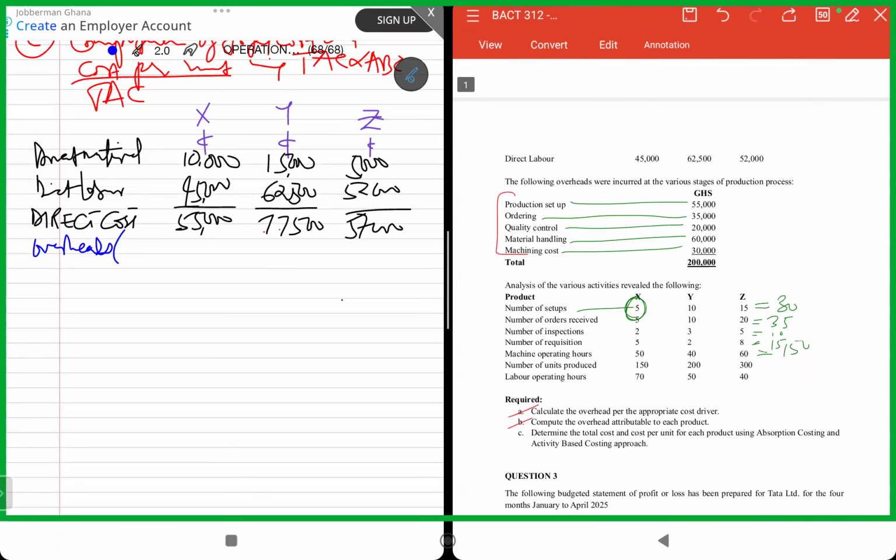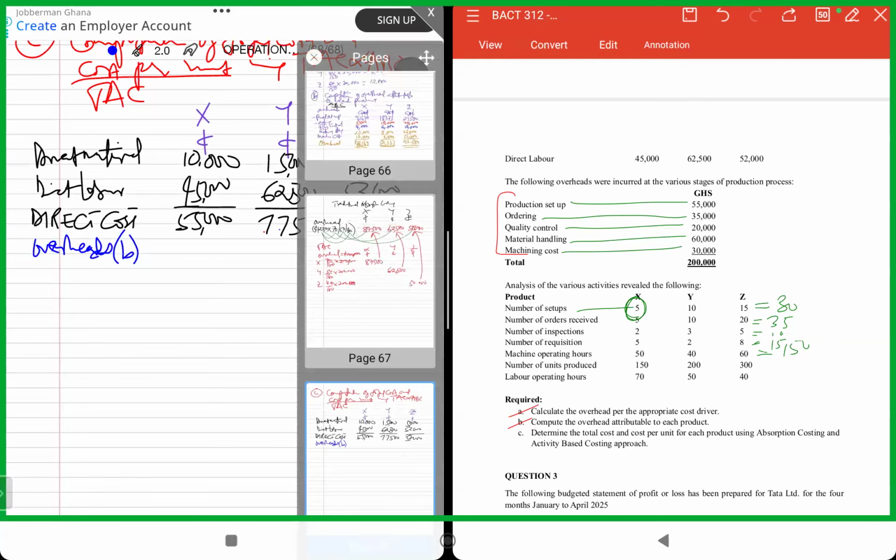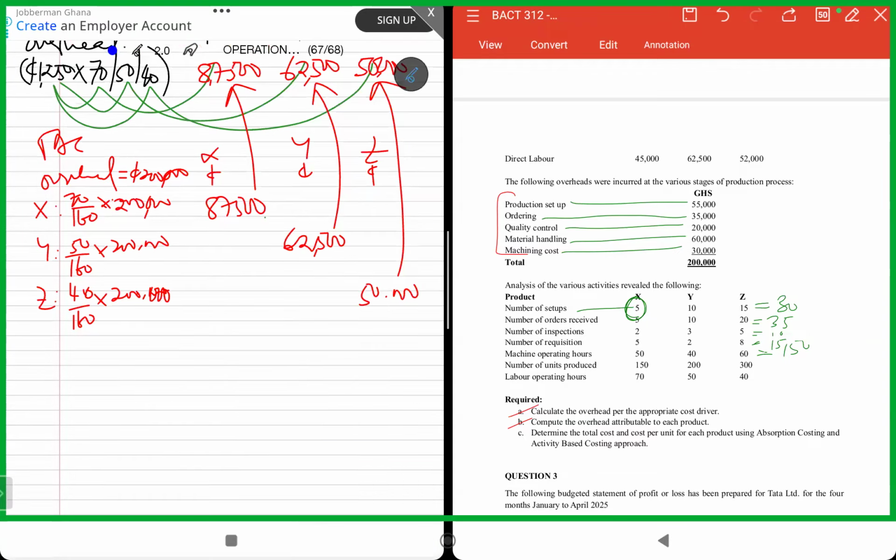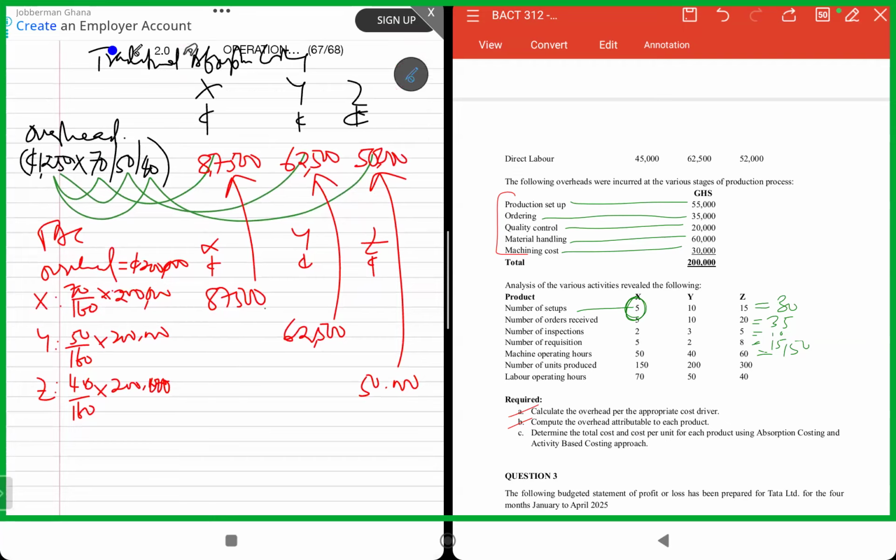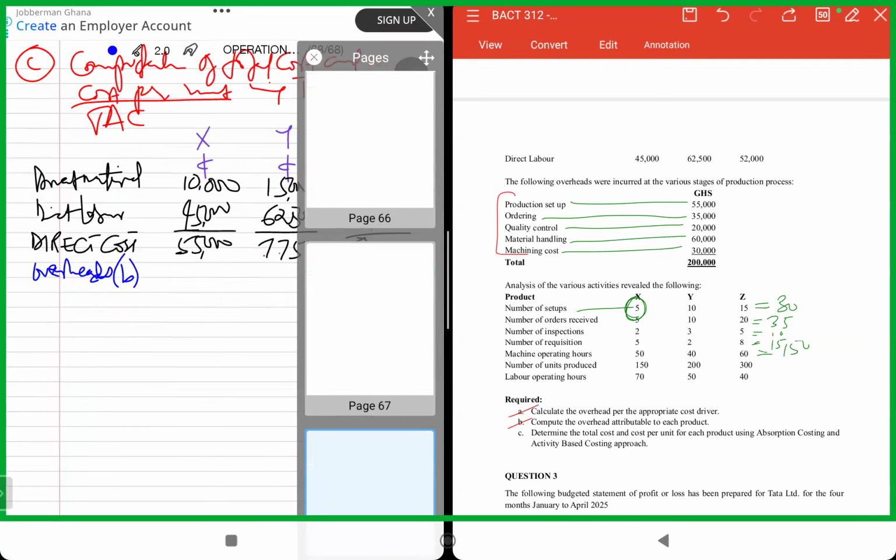So in B, that's where you calculated the overhead. So the overhead is traditional absorption costing. I'll go to the traditional absorption costing and pick my overheads from there. X, Y, and Z. So let's continue.